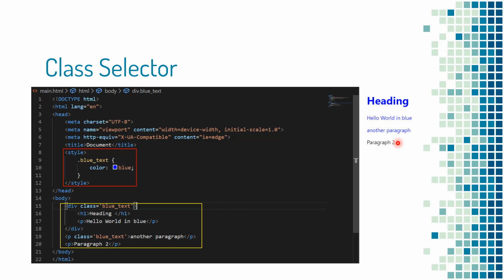If we were using the tag name and just wrote P, then we would have this line in blue and this line in blue and this line in blue because they are all P tags. But since we are using the class selector, whenever we find the matching class name, we apply the style to that tag.